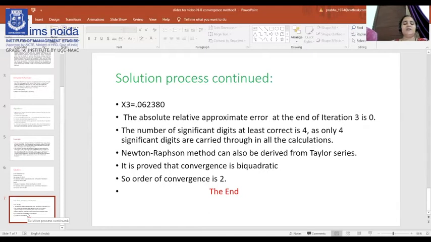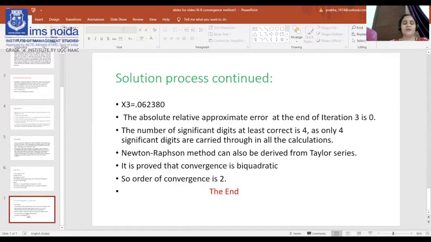Now the equation is converging to x3. When the equation gives us the answer, you can say that the equation is converging to the answer. What is the answer? Here f(x) is given and applying the Newton-Raphson method, we get x3 equal to 0.062380. So this is the converging point of f(x), right?